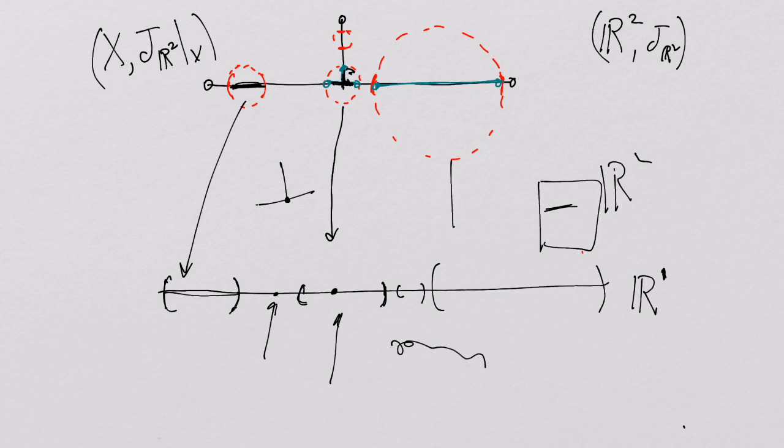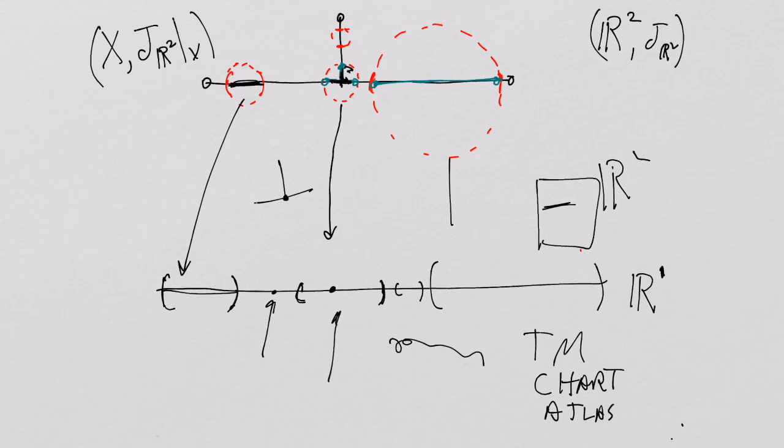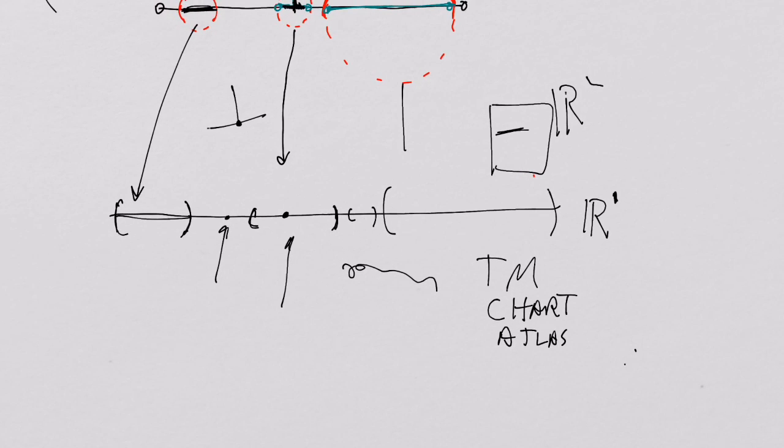Okay, so we have shown a few different things today. We talked about topological manifolds. We talked about charts and an atlas. By the way, this brings up the question of how many different ways of doing this are possible. And it turns out that the intersection of any two atlases is also an atlas.